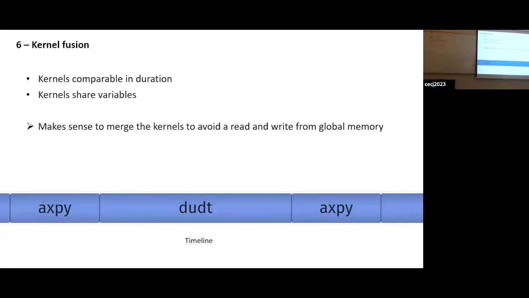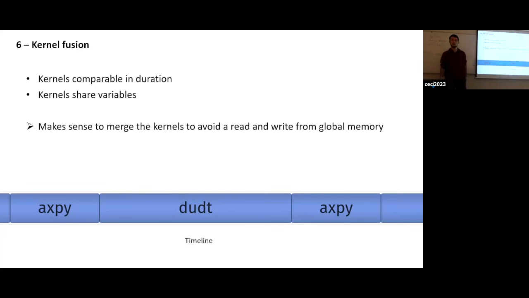And so this can happen in a variety of different circumstances. And when you have that kind of thing where the next function uses the result of the previous function, it's sometimes a good idea to merge those functions, and that's what we call kernel fusion. So the idea here is going to be to just do everything in one function.